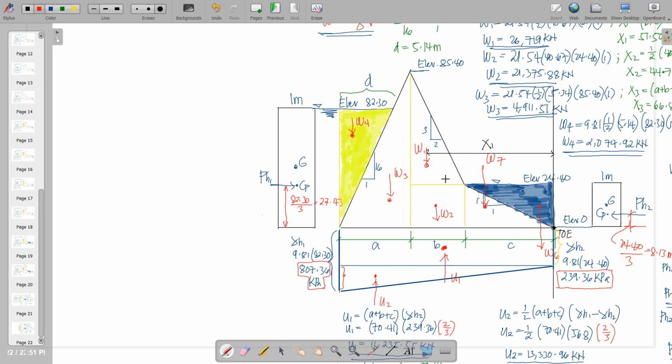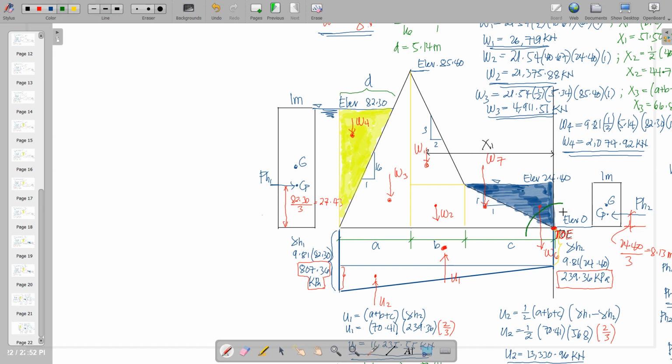Okay. So at this moment, we are going to compute for the righting moment. So what is our basis? Of course, we focus ourselves on the toe. Okay, this is the toe. Of course, from this toe, this is the pivotal joint.